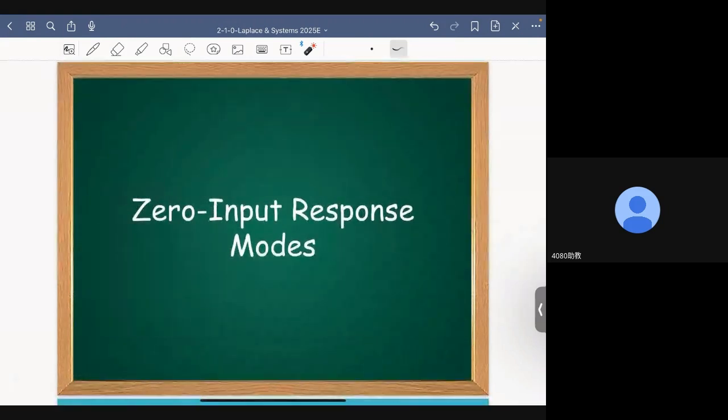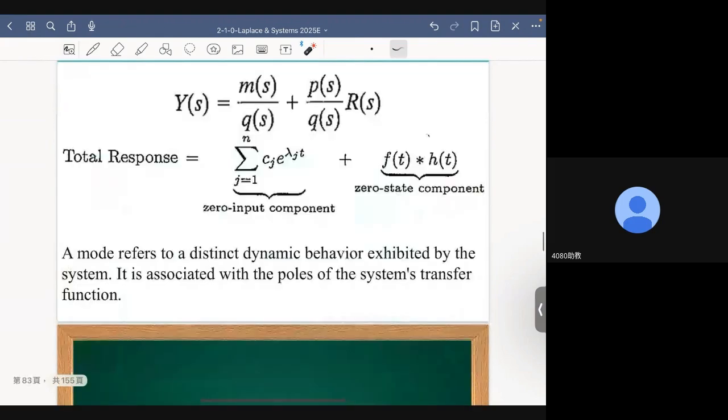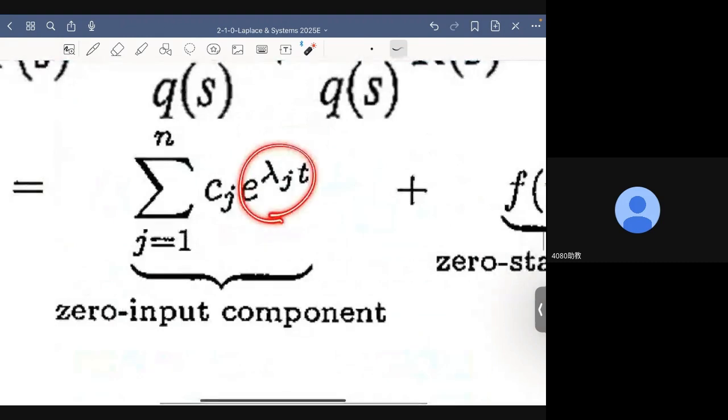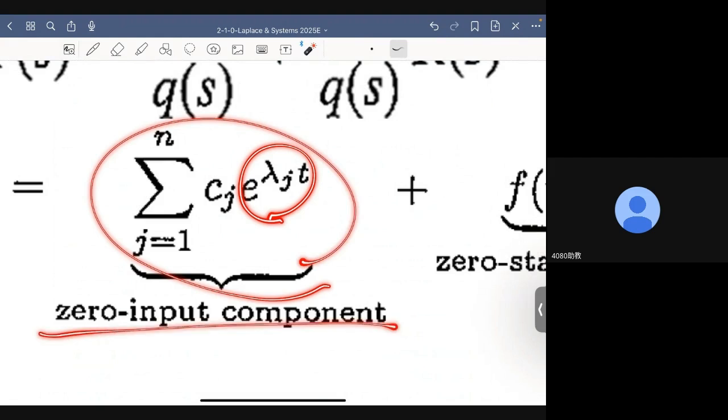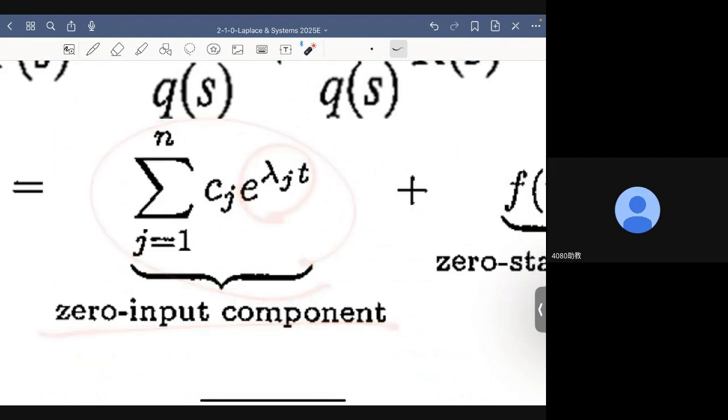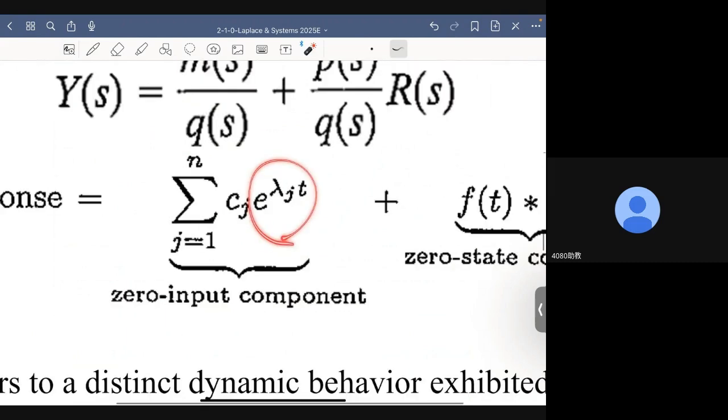So let's first clarify the relationship between zero input response and modes. As I just described, these are modes, okay? And the zero input response is actually the linear combination of all the modes, okay?